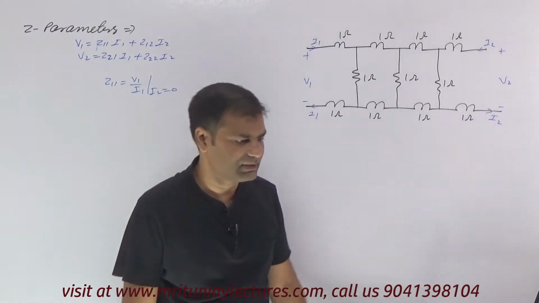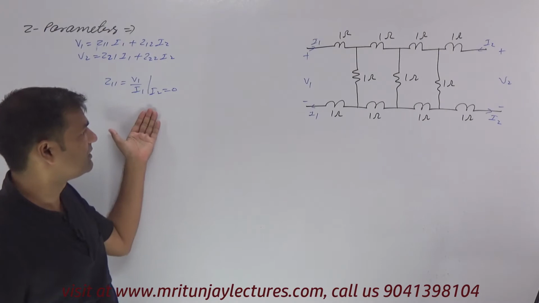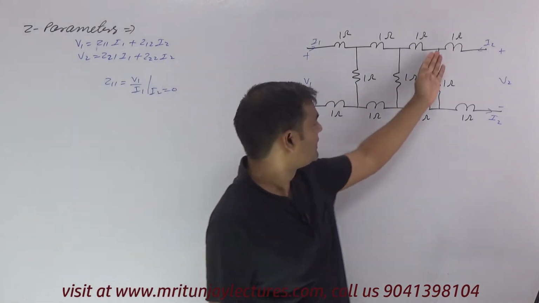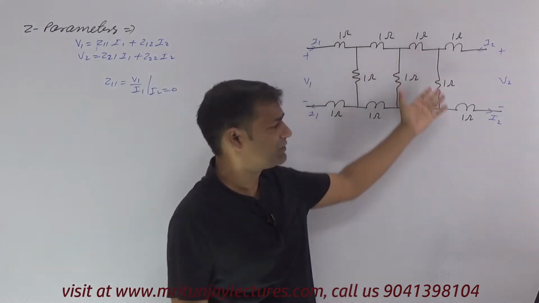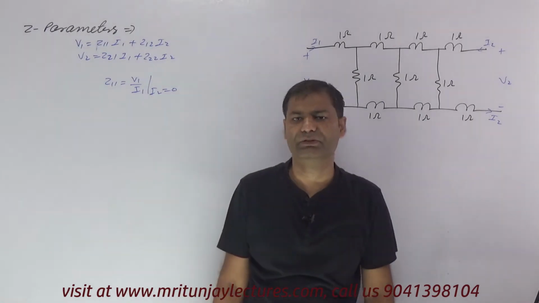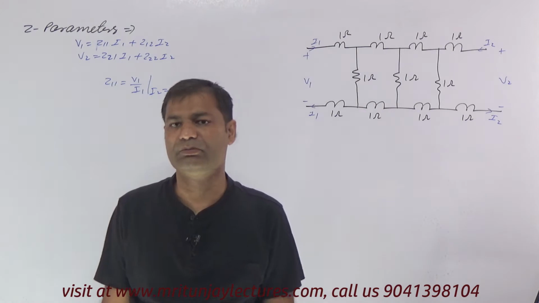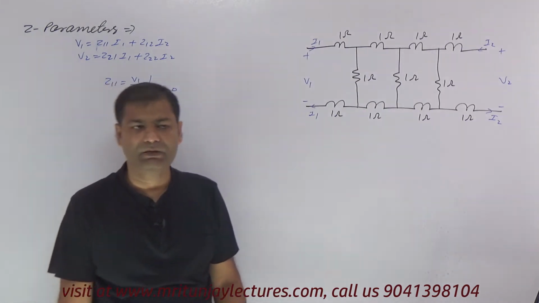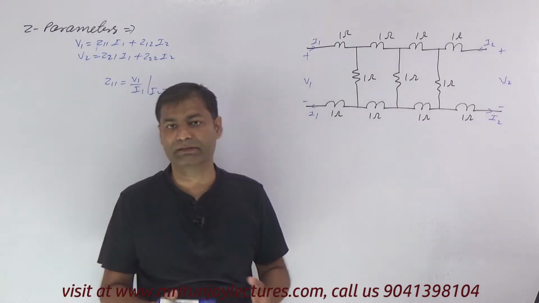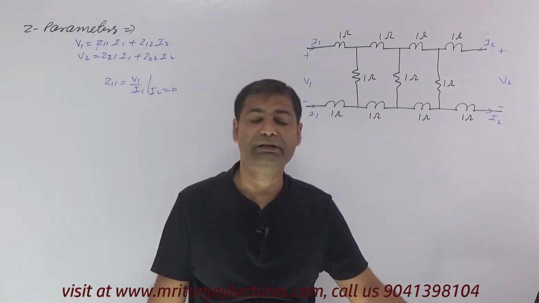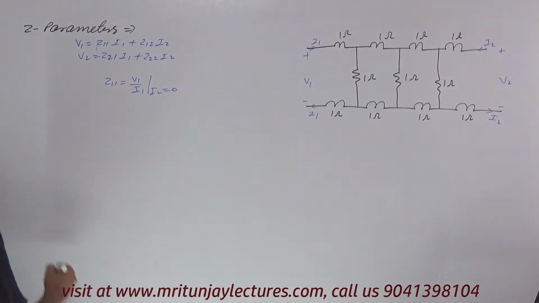Also, if you utilize this one method, I2 is 0, and after solving, calculation mistakes are more possible. So we focus on another method. We have solved with the interconnection method.